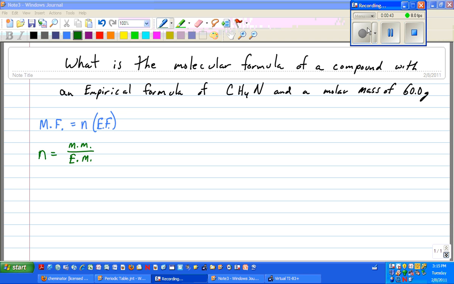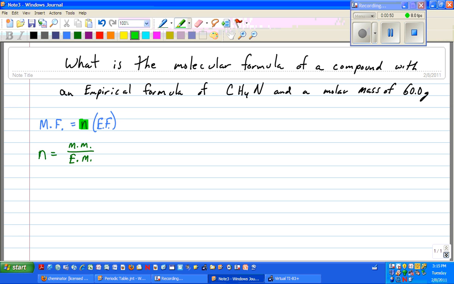In class, we saw how the molecular formula and the empirical formula are related by this number n, and we saw that the molar mass and the empirical mass are also related by that same factor n. We came up with these two equations: the molecular formula is equal to n times the empirical formula, and n is equal to the molar mass divided by the empirical mass.